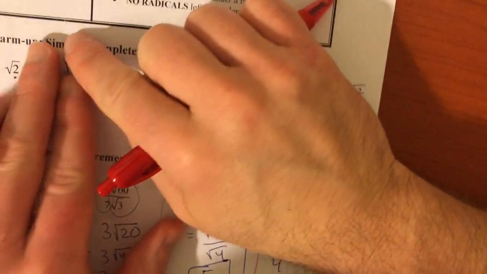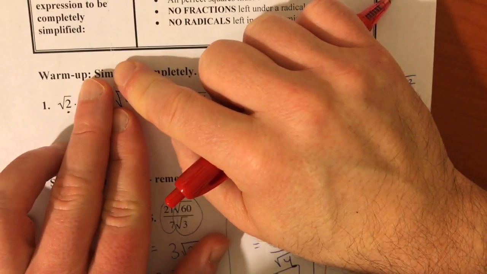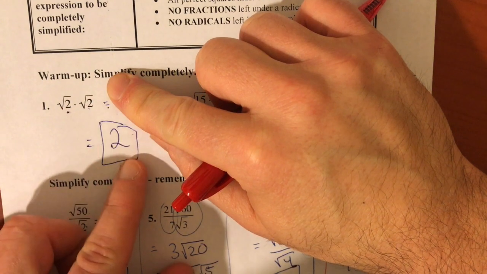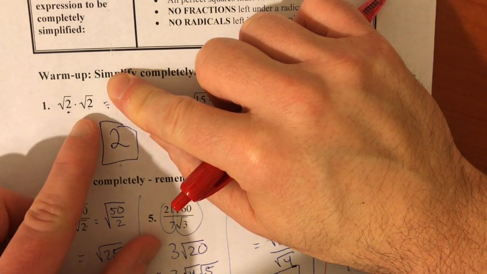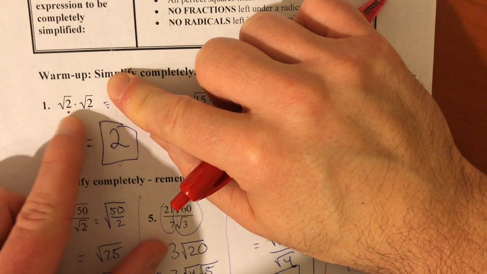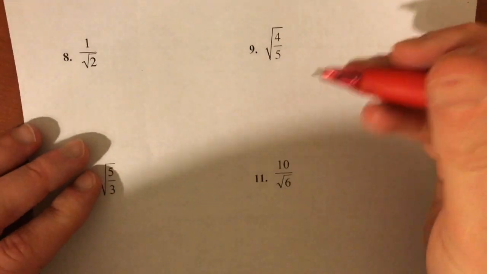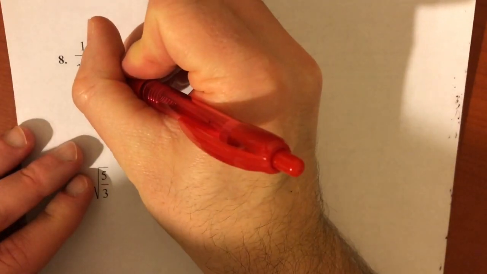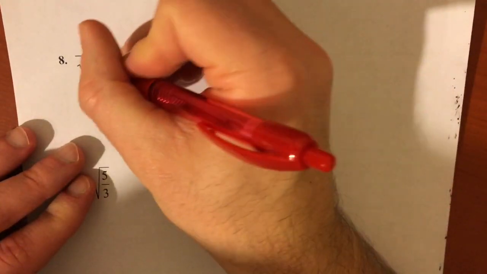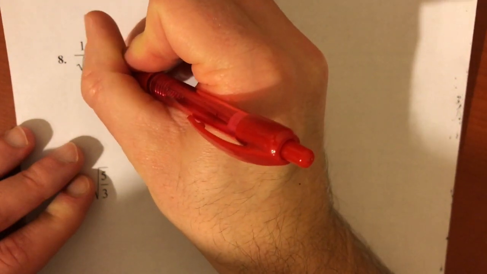In the warm-up, we had root 2. We made it be 2 by multiplying it by the same square root. Root 2 times root 2 gave us 2. No radical left over. So I'm going to use that trick. Well, hey, I could change this to 2 if I multiply by root 2.